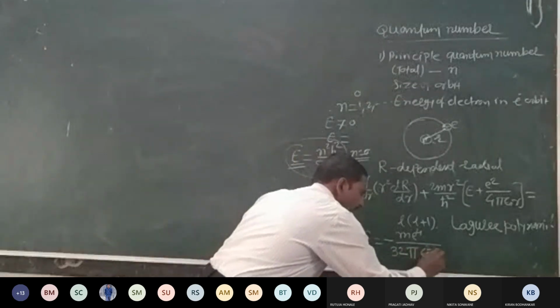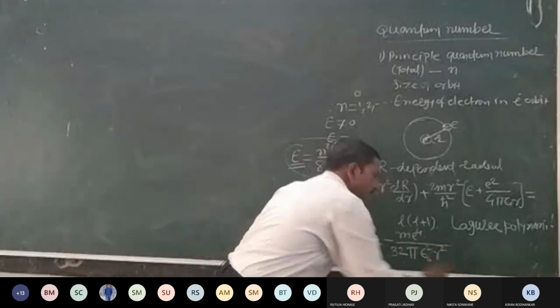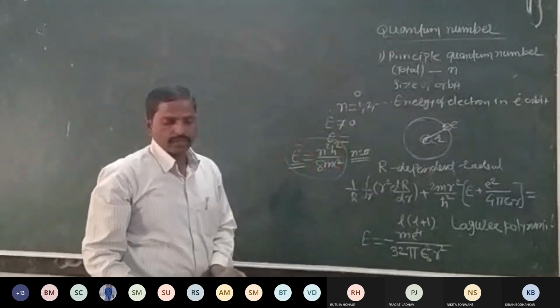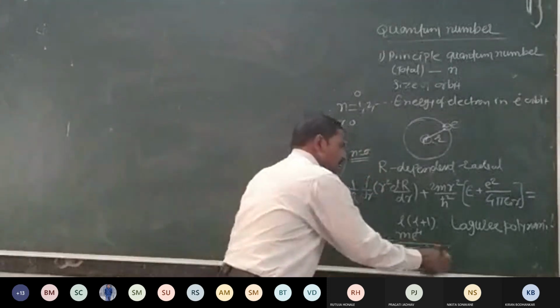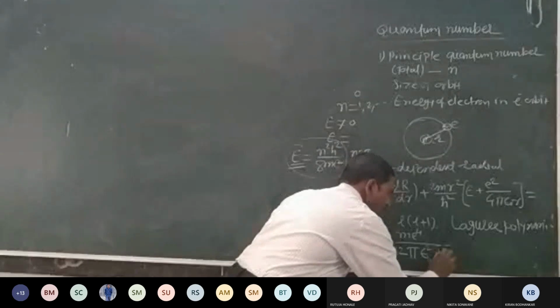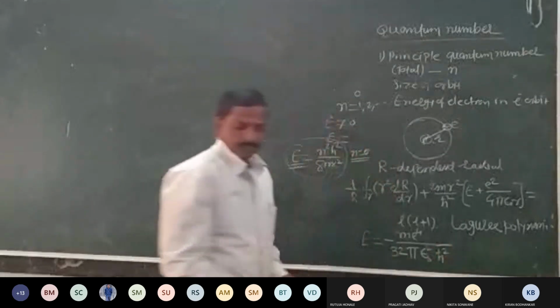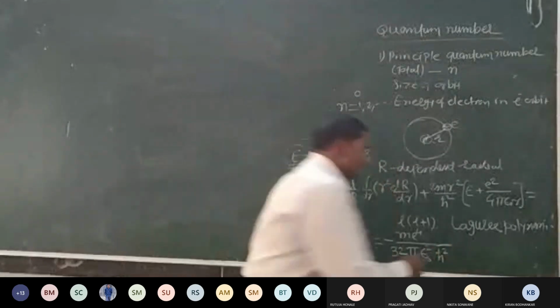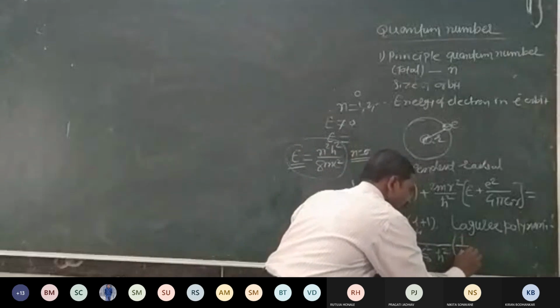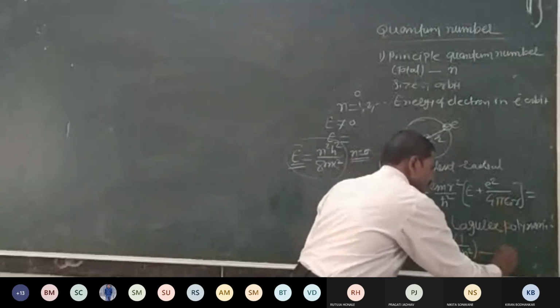epsilon 0 square r square, h cross square into 1 by n square.